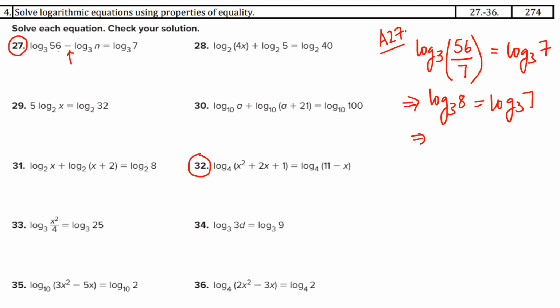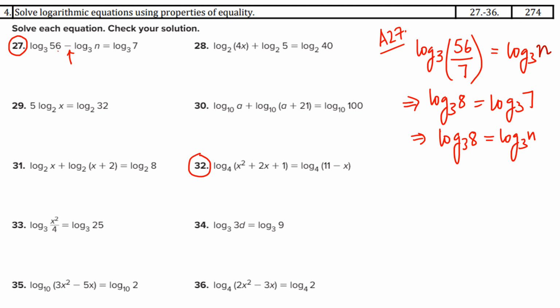So here you have log 3 8 equal to log 3 n. Now here I had done one step which I didn't write because I thought that it is quite clear, but in case any one of you is going to get confused, I'm going to just correct that here.